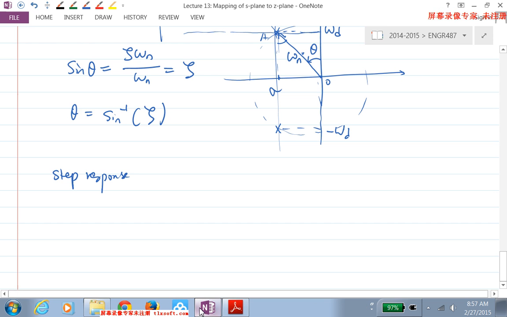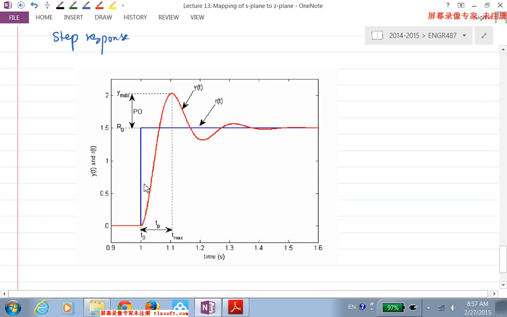Very typically people summarize based on the step response. They look at the time up to this maximum here, TP, the percentage overshoot, and the settling time, given a certain percentage.